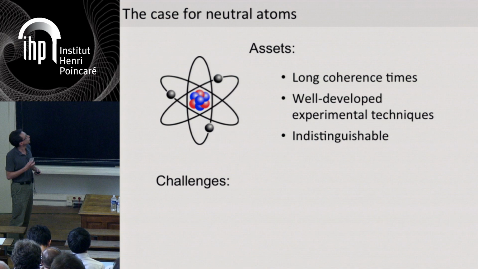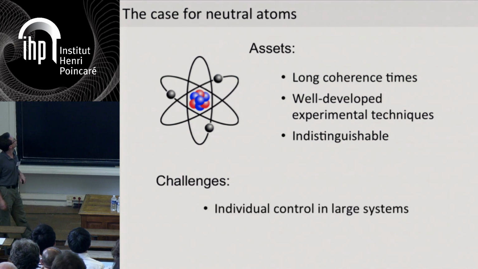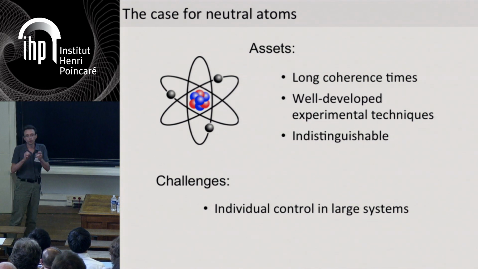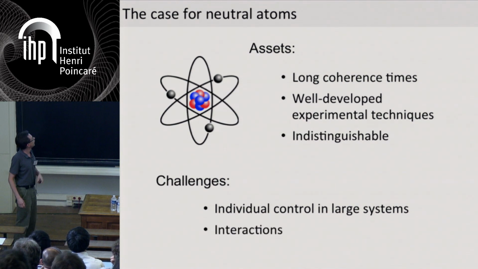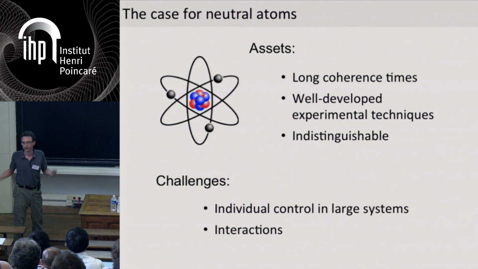And of course, if you want to use them for quantum simulations, for example, you have to address some challenges. One of them is how to control individually the atoms within larger systems, and another is how to create interactions between them. You need interactions to create a quantum entanglement.